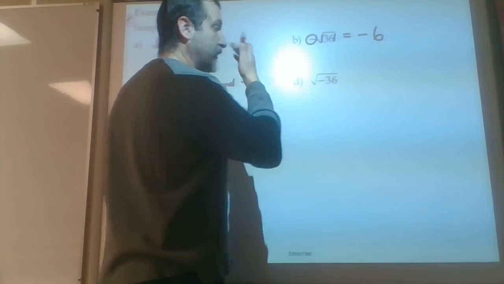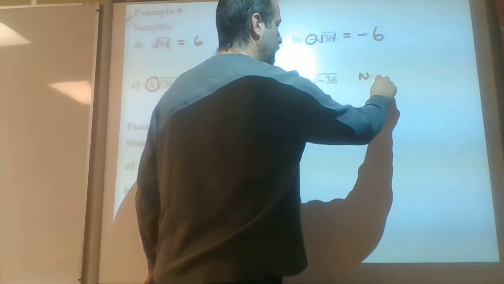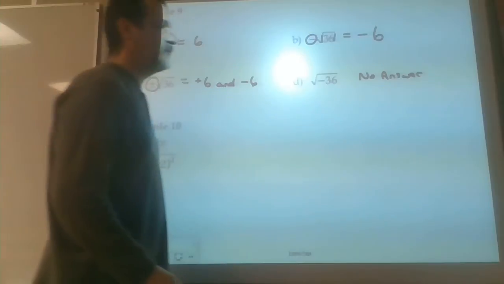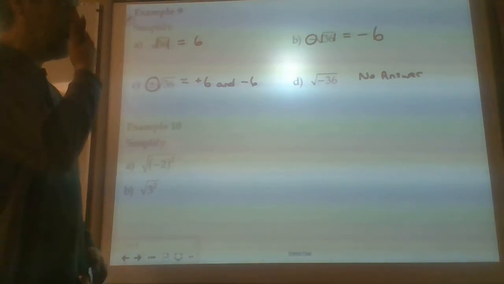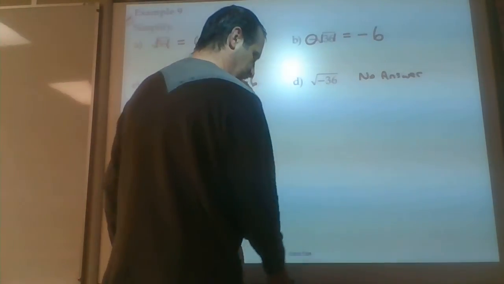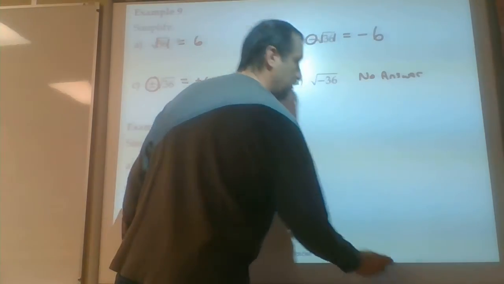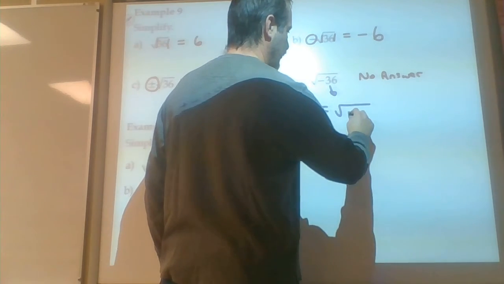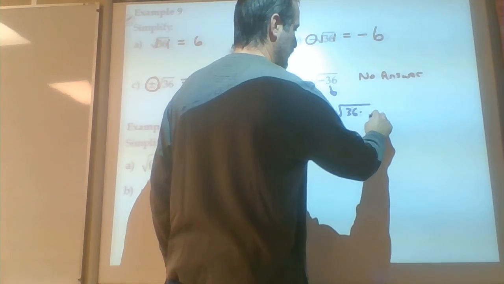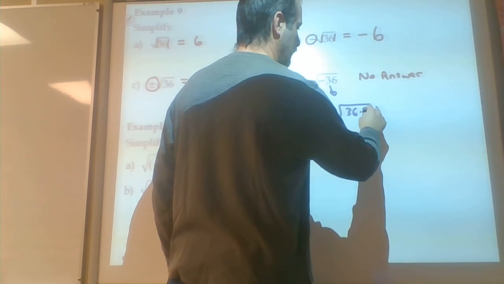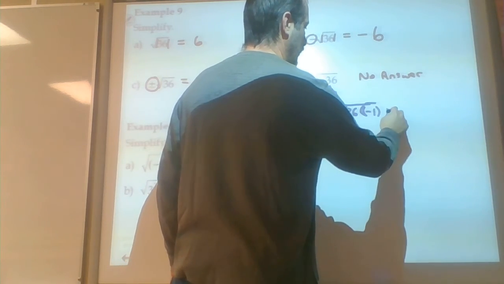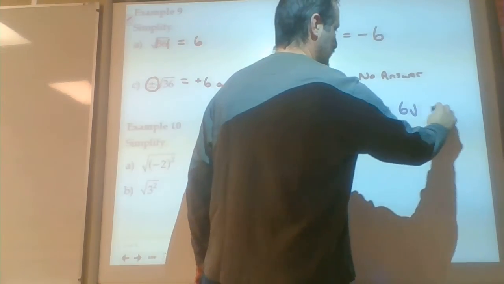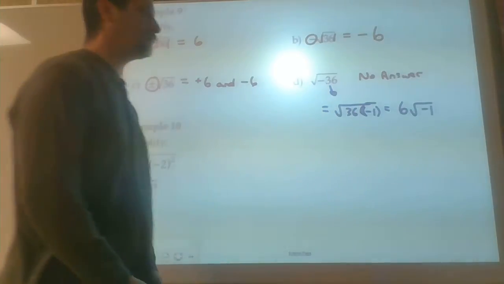Of course, they're going to tell you in your booklet there is no answer, which is actually not true. Not something we're going to cover in grade 11 pre-cal, but just as a heads up for the future, we could break this into the square root of 36 times negative 1. So we can say the square root of 36 is 6 times the square root of negative 1.